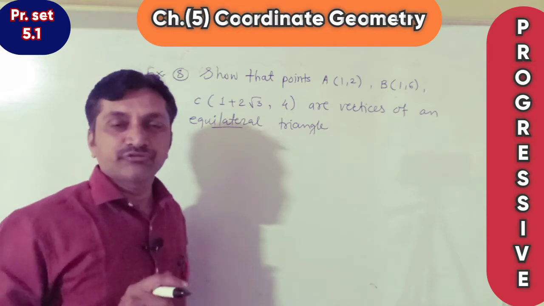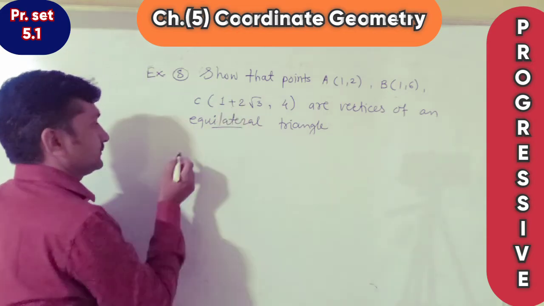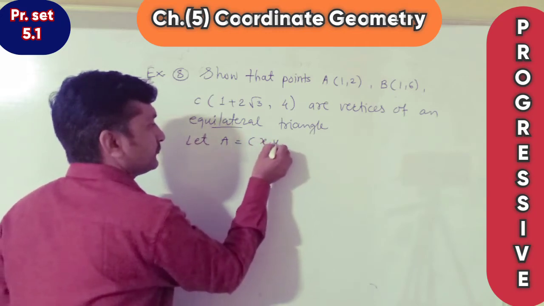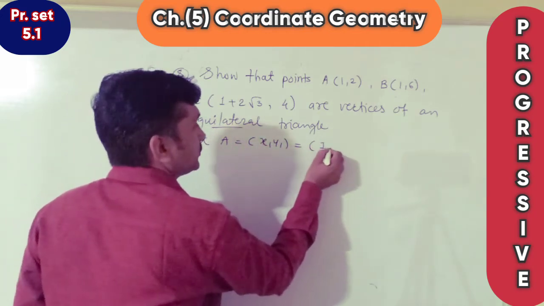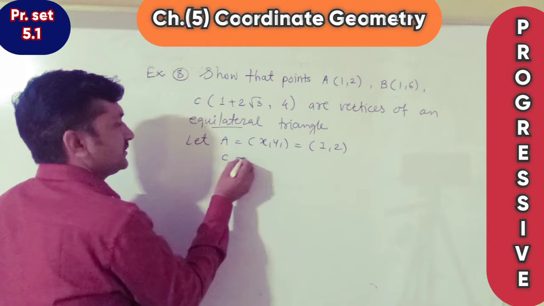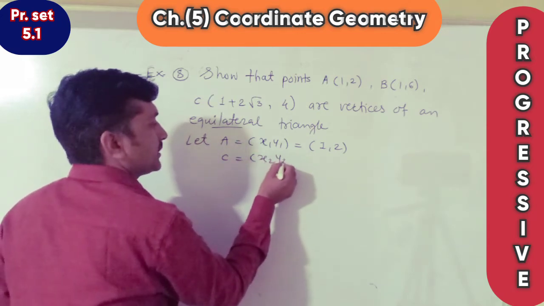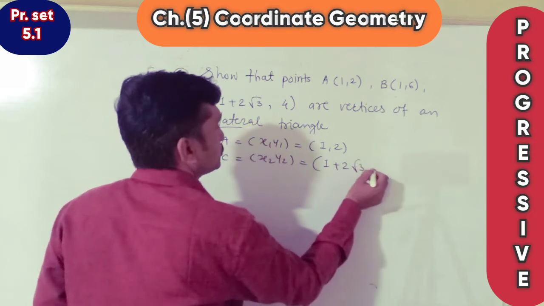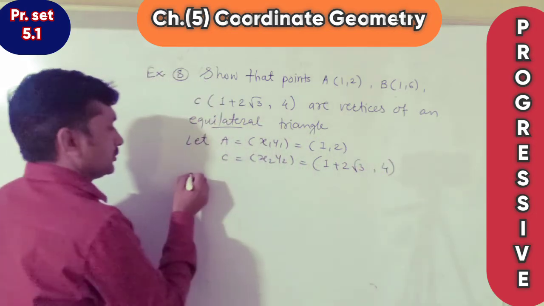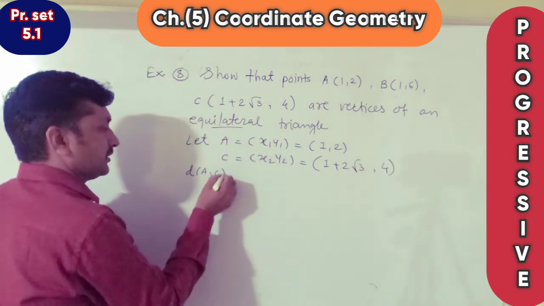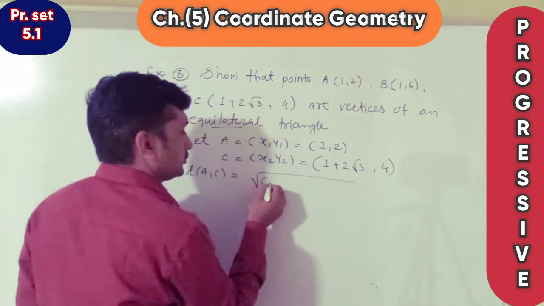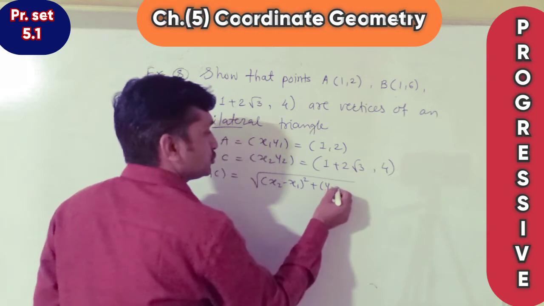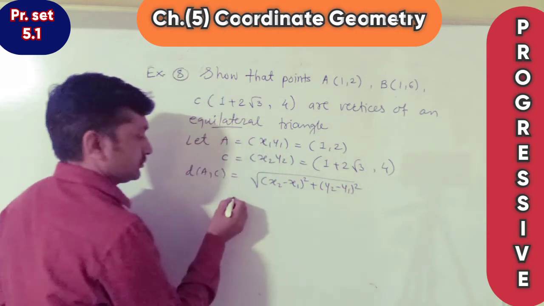Third, distance AC. Let A is equal to x1 y1 is equal to 1, 2, C is equal to x2 y2 is equal to 1 plus 2 root 3 comma 4. Distance AC is equal to square root of x2 minus x1 bracket square plus y2 minus y1 bracket square.